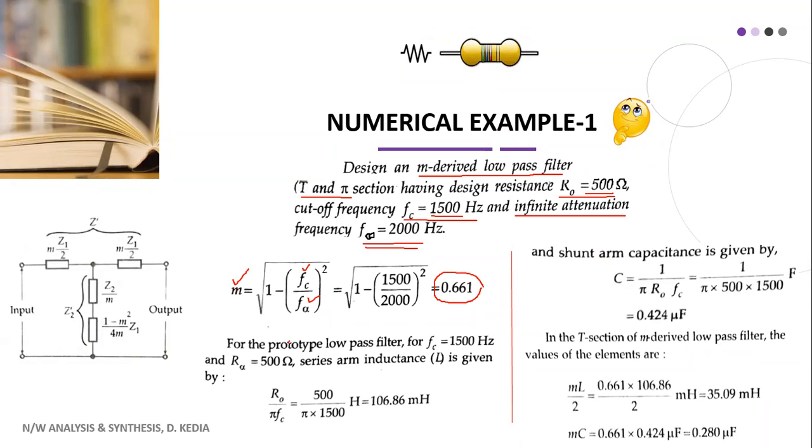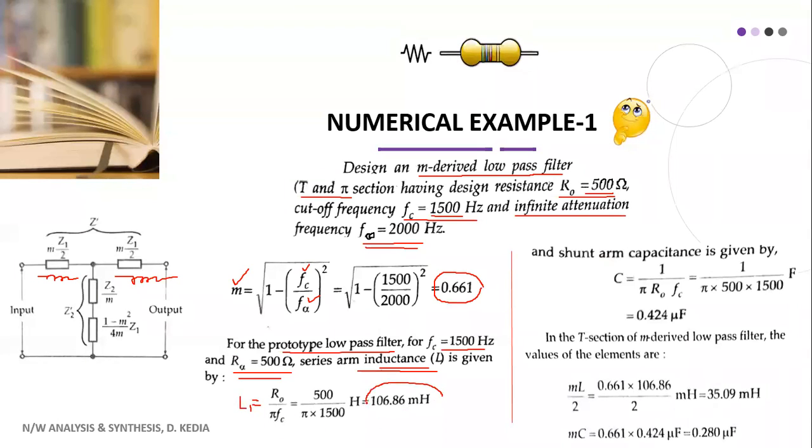Let us see. So for the prototype low pass filter having cutoff frequency fc and R naught equal to 500 ohm, the series arm inductance, we had L here in the prototype low pass filter. So that L, or you can say L1, was equal to R naught by pi fc.